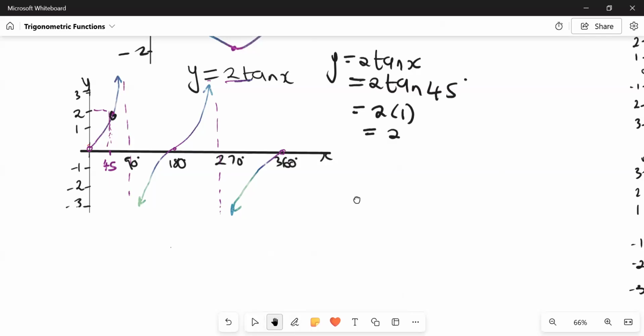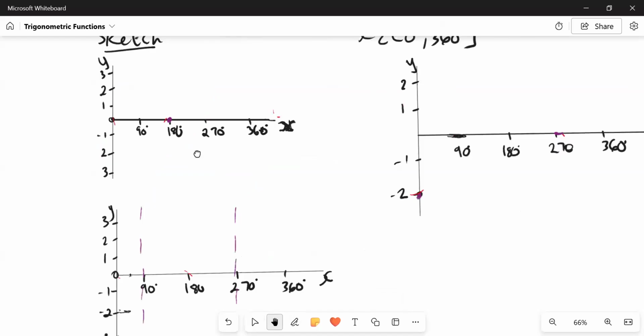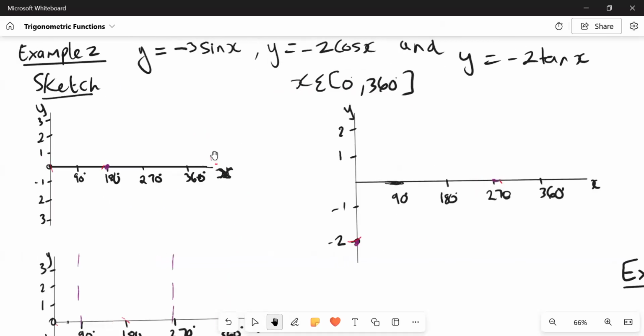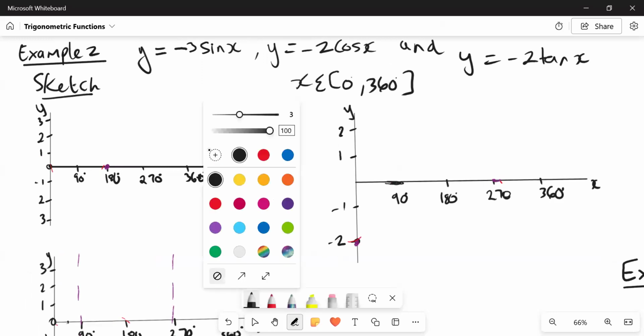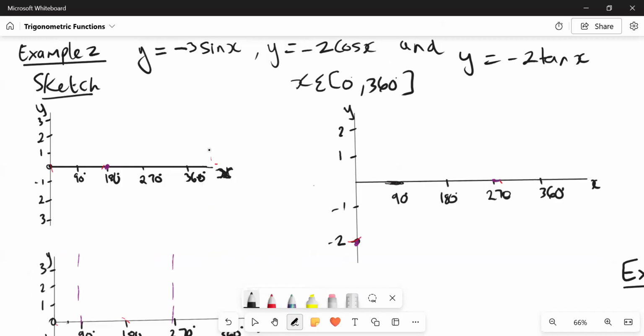What happens now if we still have a change in amplitude, but they change the sign of the graph? It's not a problem. So we expect the graph to first decrease, right?